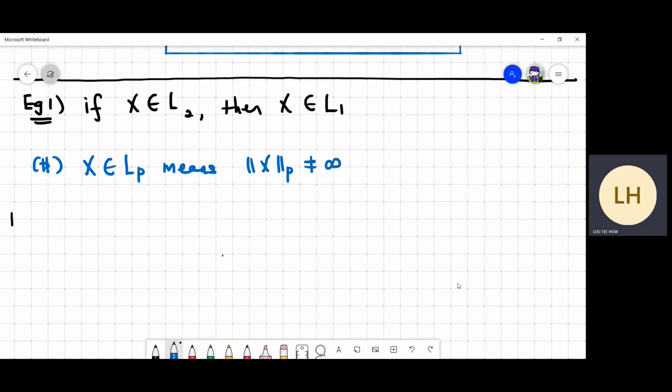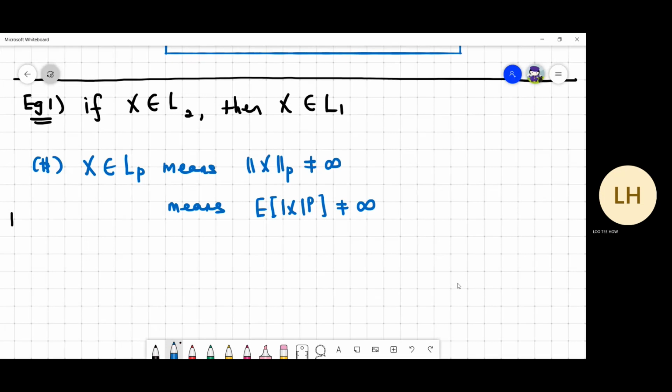If you are not comfortable with this symbol, you may retreat back to the notation of expectation value. That is equivalent to saying that the expectation value of modulus of x to the power p is not infinity.